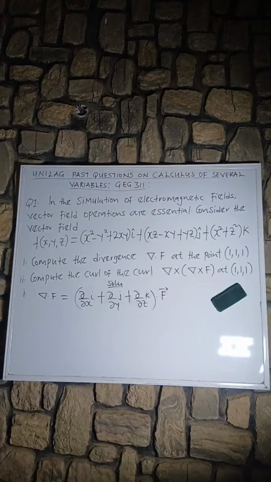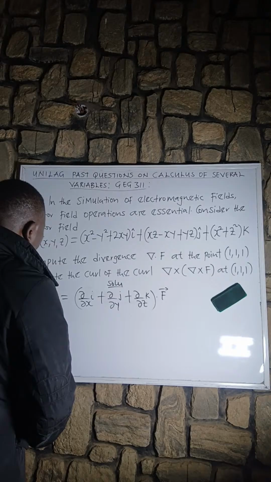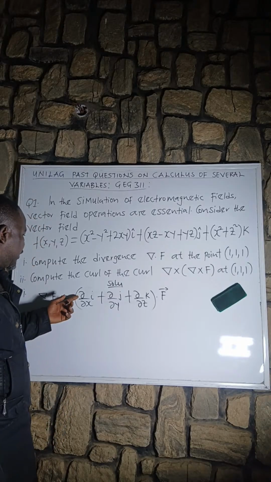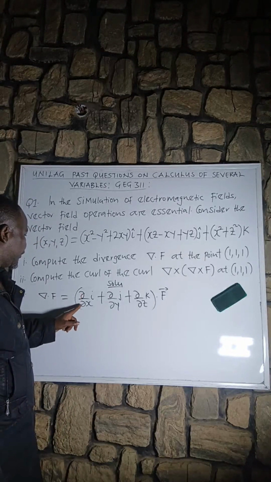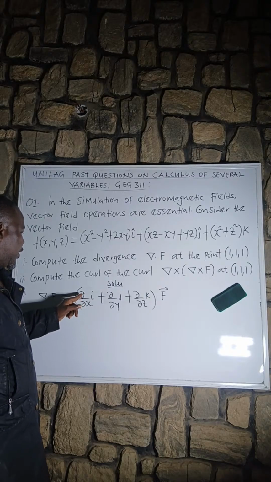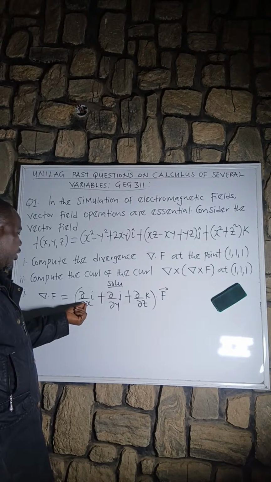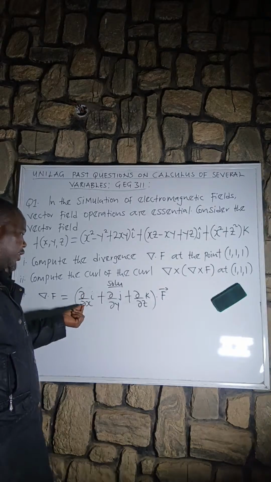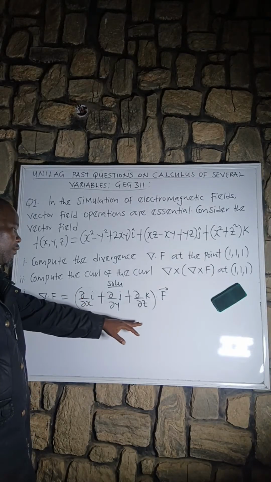As you can see now, this is del. It means it is a partial derivative.